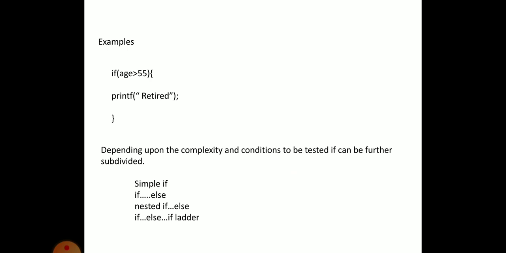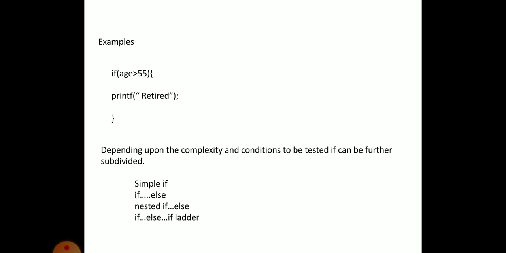If is the keyword, followed by the test expression, that is we are testing the condition whether age is greater than 55. If the age is greater than 55, then the person is retired, so printf retired. So this is an example of using the if statement. If bank balance is 0, borrow money. If the room is dark, put on the lights.